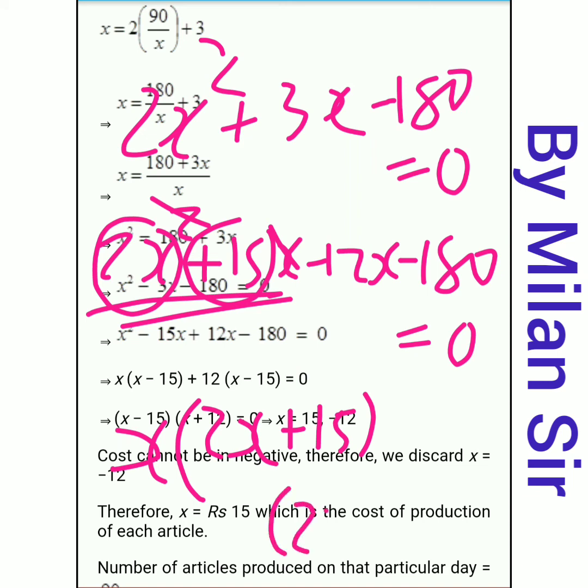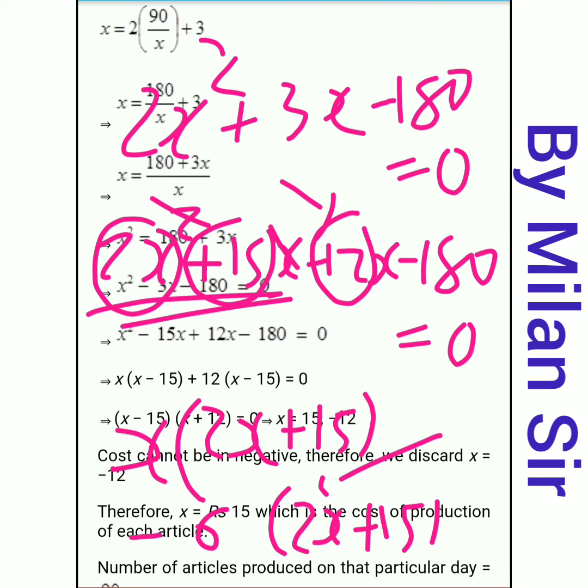Now the same bracket we need to write again, 2x plus 15, and we need to look at the third term. Here we have minus 12x. Here 2x is present in the bracket, but we want minus 12x, so first of all we need to put a minus sign here. 2 is already present in the bracket, so 2 times 6 is 12, so we need to write 6 here, and x is already present.